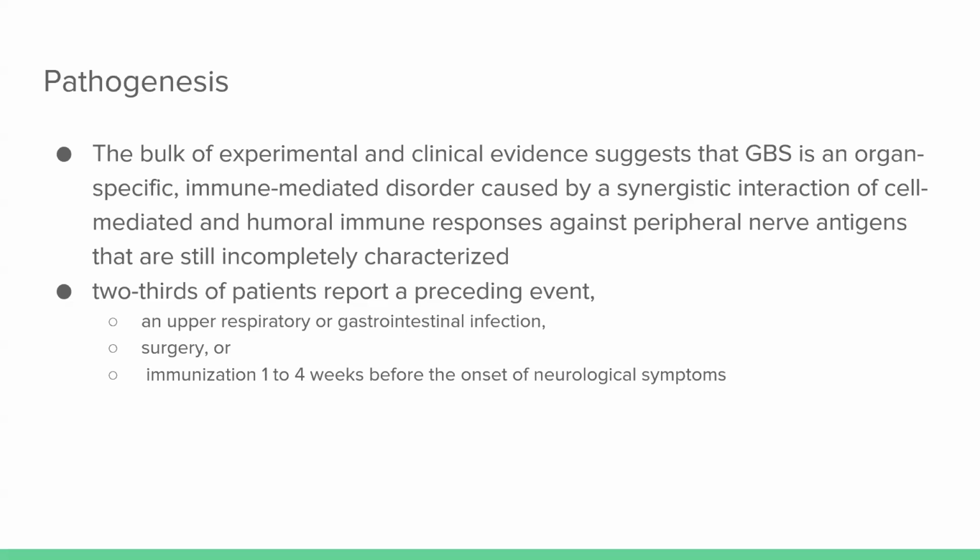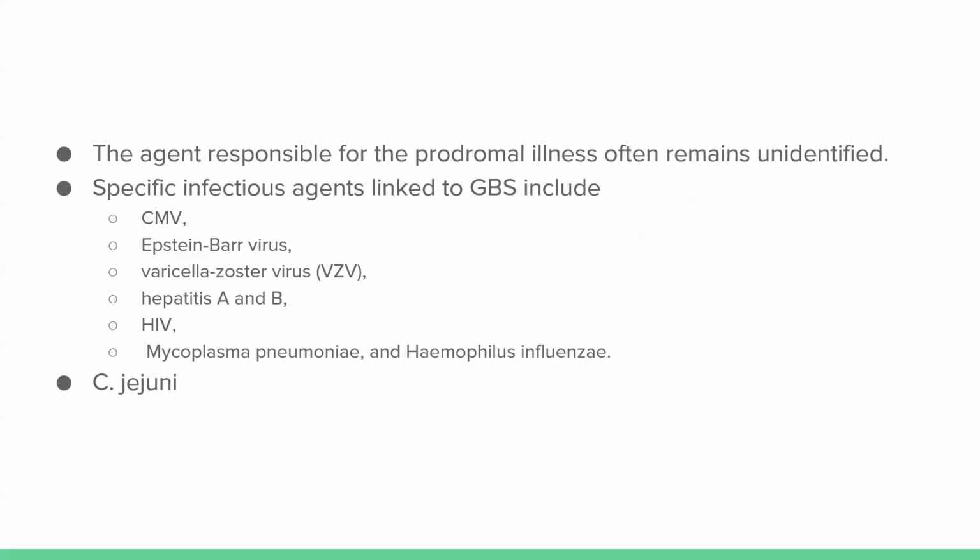An upper respiratory or a GI infection, surgery, or immunization will be found maybe 1 to 4 weeks before the onset of the neurological symptoms. There is no such responsible agent that's been identified except C.